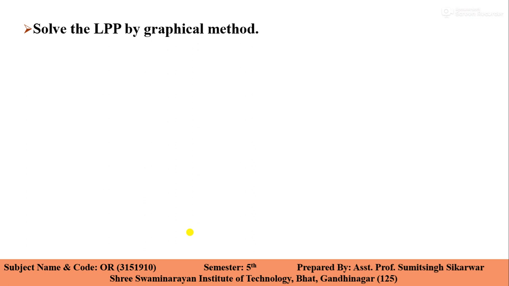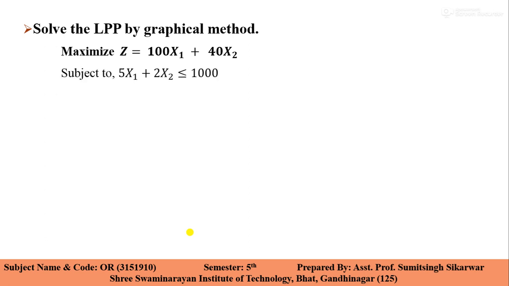So the problem given to us is: maximize z = 100x1 + 40x2, subject to 5x1 + 2x2 ≤ 1000 and 3x1 + 2x2 ≤ 900, and x1 + 2x2 ≤ 500, where x1 and x2 are always greater than or equal to 0, which is our non-negativity constraint.